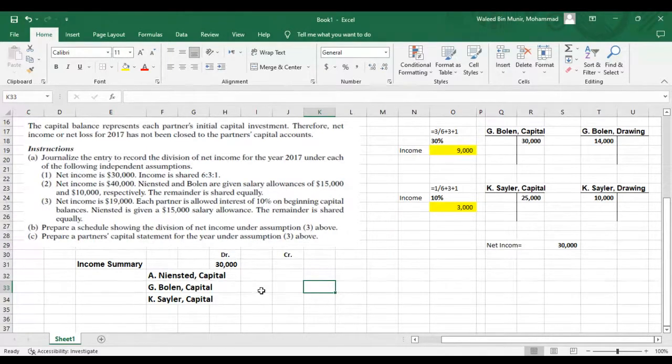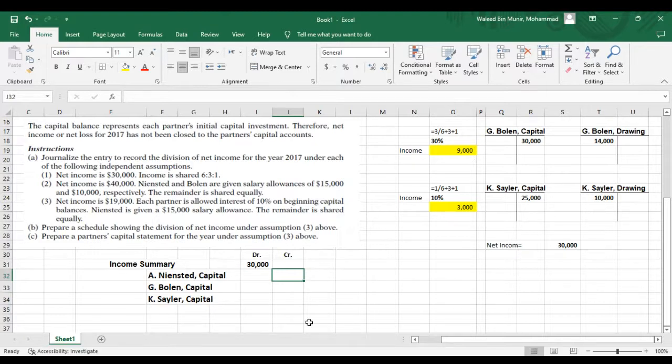Yes, doctor. Then the credits for the accounts. Then one is debit, like this one, and then we have some accounts which will be credited, right? Let me put it a little bit here. Okay. Credit will be based on how much income they are going to get. What is the income of Nielsen Capital?